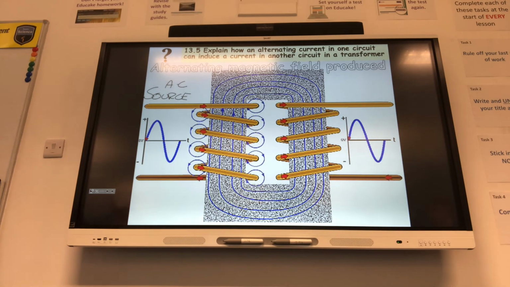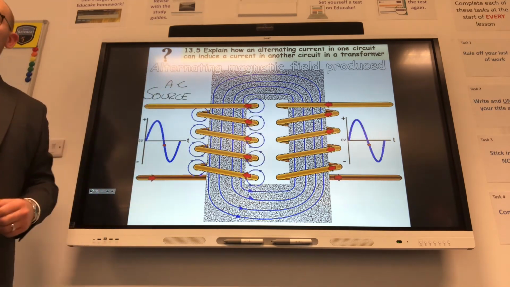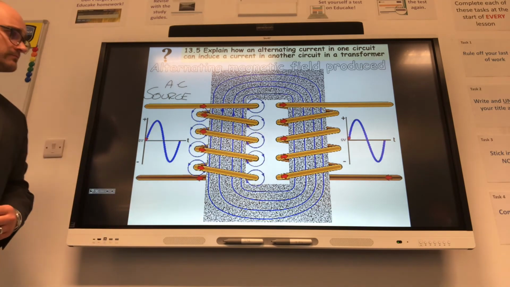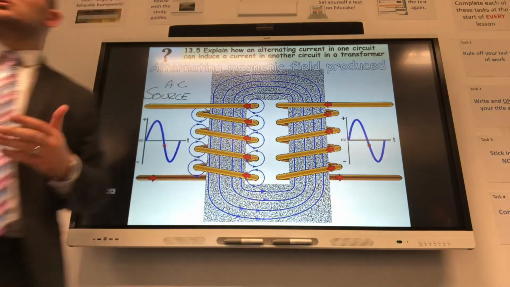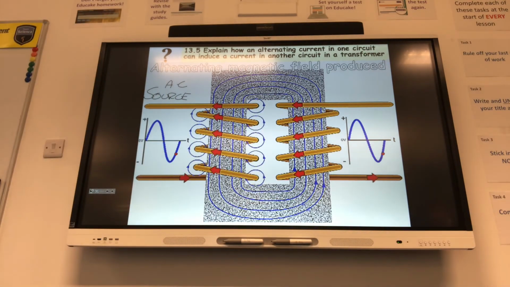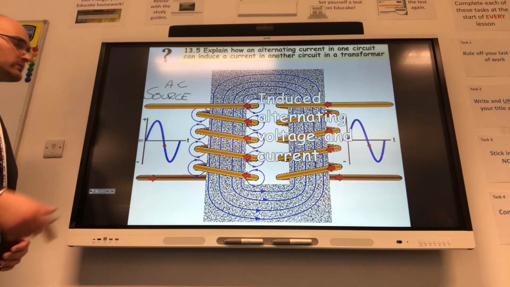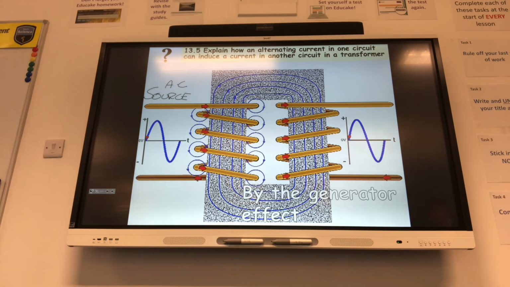Because the current is changing direction, the magnetic field is changing direction, we call that an alternating magnetic field. When the magnetic field lines cross the electrical field lines, it induces a current, it induces a voltage. To induce means to make for a short period of time. It makes a current, it makes a voltage. And this whole process is called the generator effect.